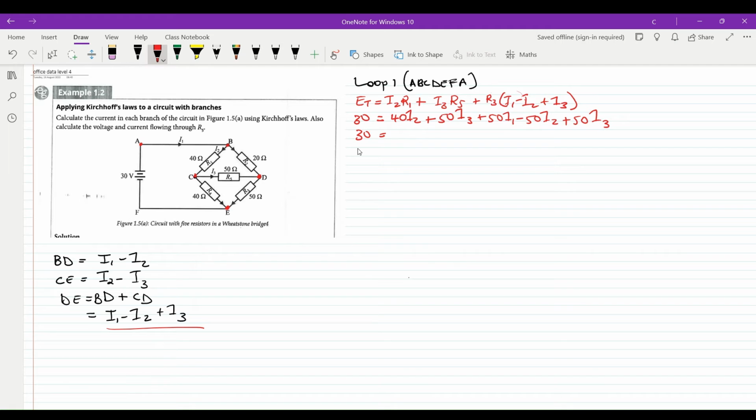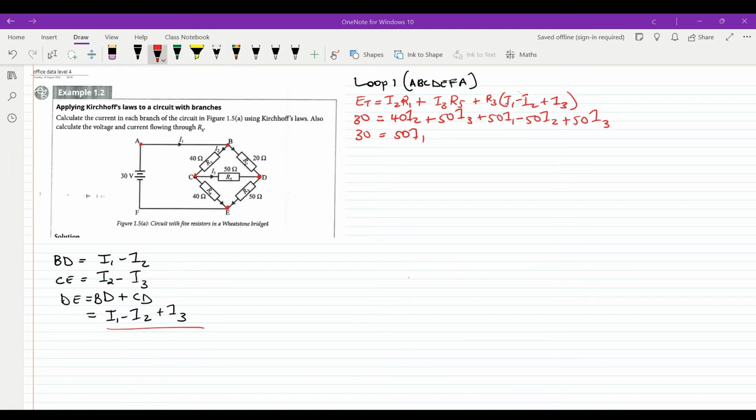We're going to retain our 30 volts, and then we're going to start working on some common factors here. We have only one I1 in this session, so we're going to put 50 I1 there at the front so that the numbers will move in an orderly fashion. We have 40 I2, we have minus 50 I2.